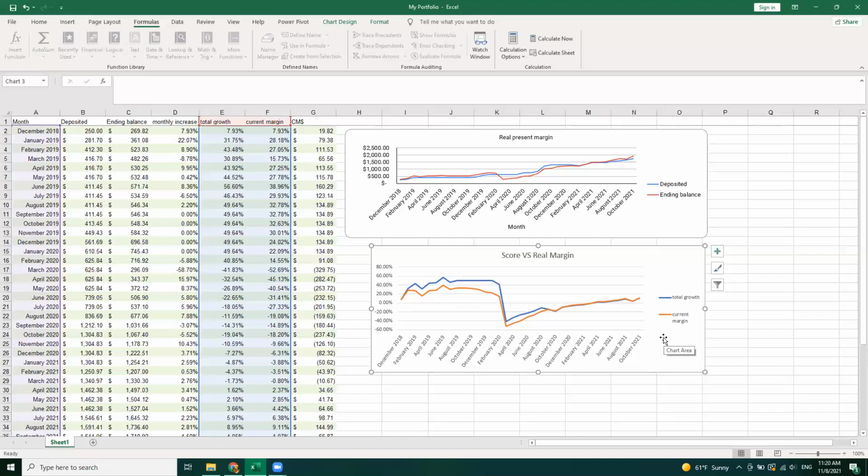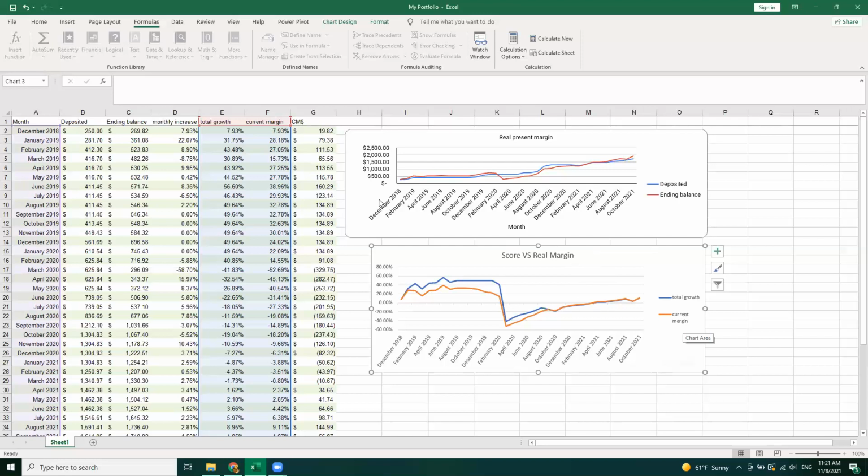If you add money, or if you have a negative growth, then either one or two of those factors will make your score diverge from your real margin, or total growth and your current margin. However you want to label those two things, hopefully you got what those two represent.